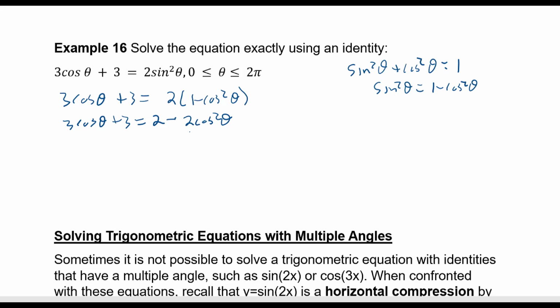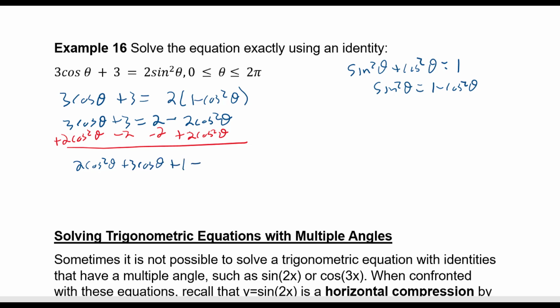If I move everything over to the other side, I'm going to subtract 2 and then add 2 cosine squared theta to both sides. We'll end up with 2 cosine squared theta plus 3 cosine theta plus 1 equals 0.